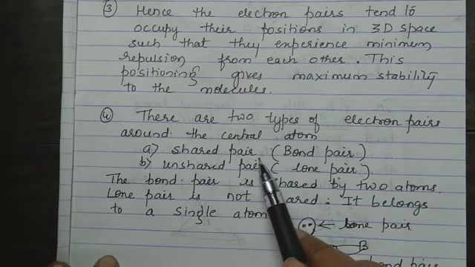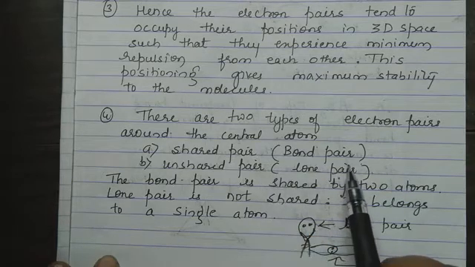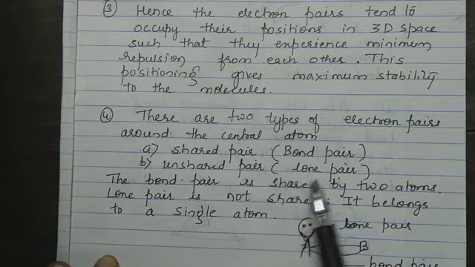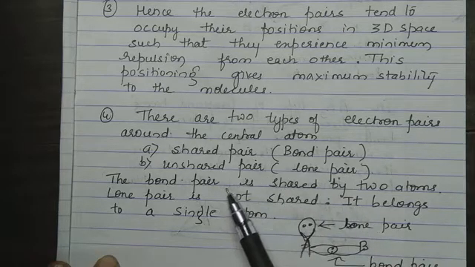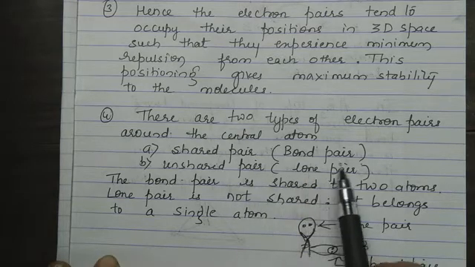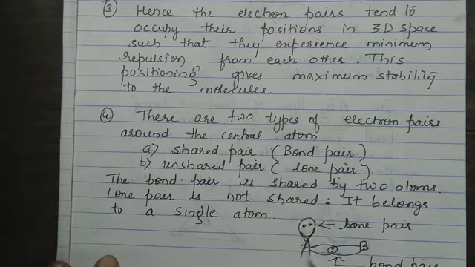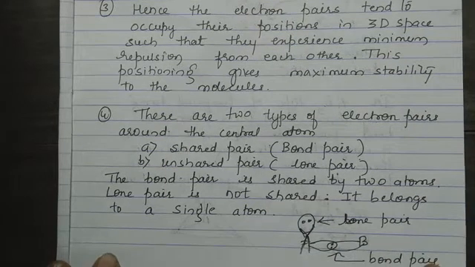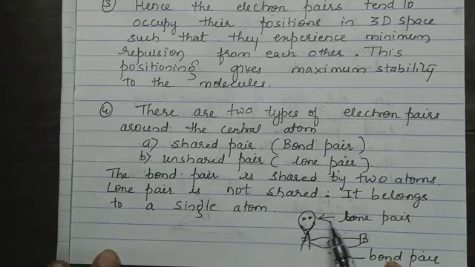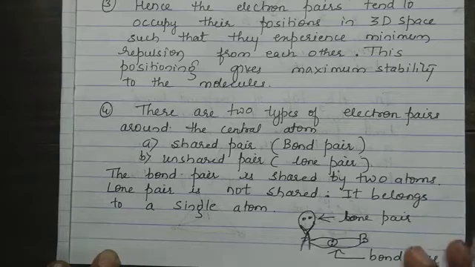These are the pairs of electrons which are involved in bonding, and unshared pairs are the electrons which are not involved in bonding. Therefore, they are called unshared pairs. Shared pairs I am going to call bond pairs, and unshared pairs I am going to call lone pairs. The bond pair is shared by two atoms. Lone pair is not shared. It belongs to a single atom.